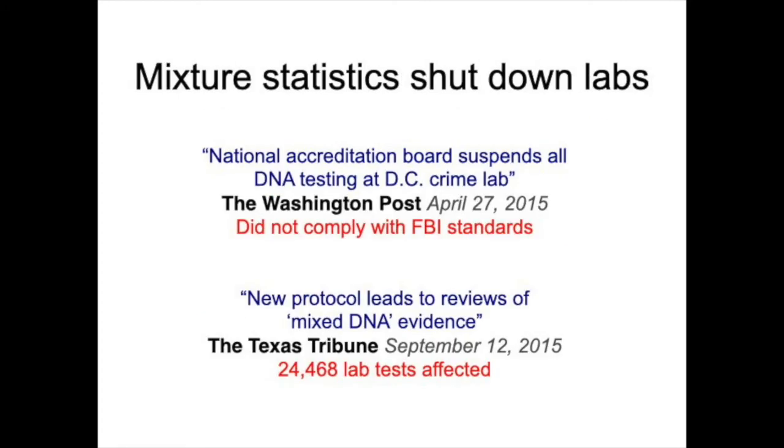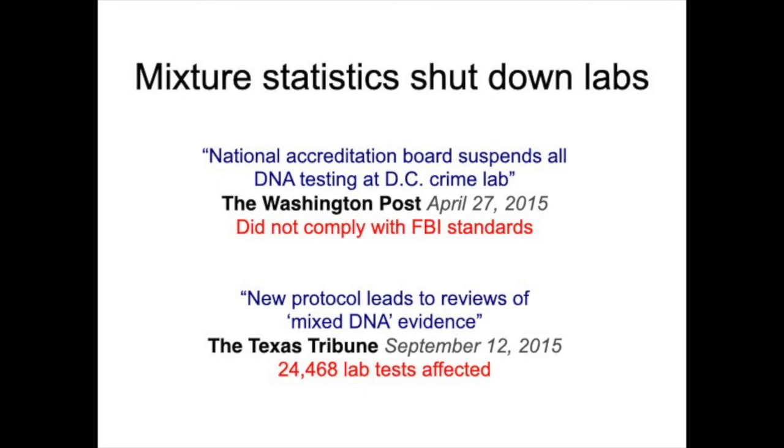But the problems didn't go away. Labs continued to use these unvalidated, unreliable methods, and they started shutting down. Prosecutors were concerned that match statistics were changing as the interpretation changed from one threshold to two threshold. The DC lab shut down in 2015.